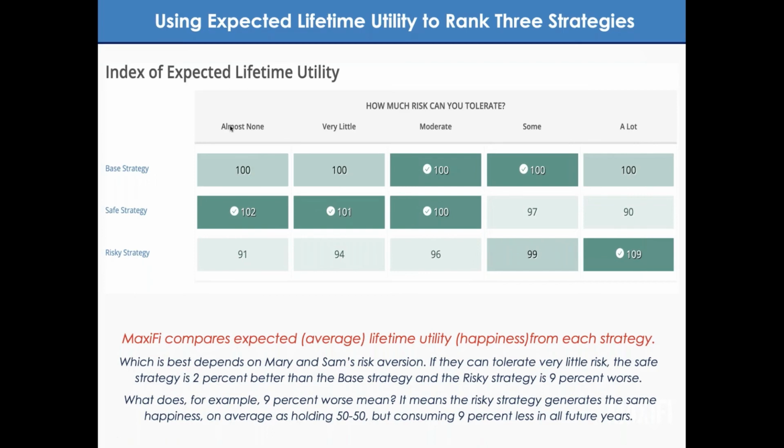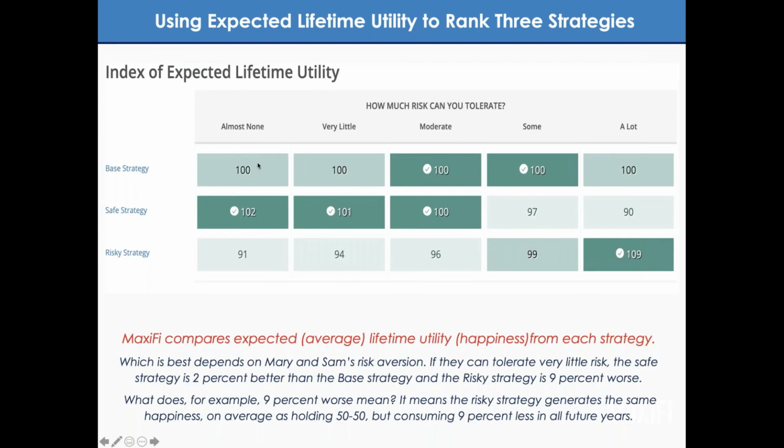Well, the base strategy, we always index its average lifetime happiness at 100. So we're just comparing the base strategy with these other strategies. The safe strategy looks better, right? It's got the check mark. It's better than the base strategy by 2%.